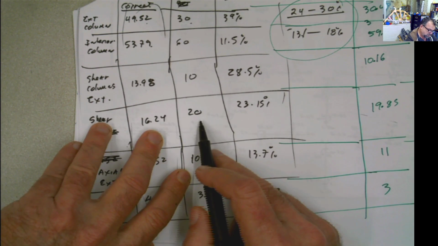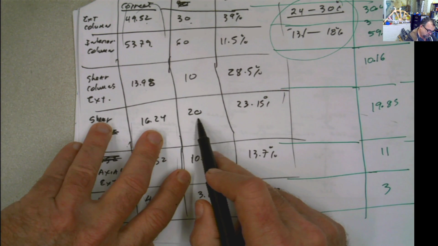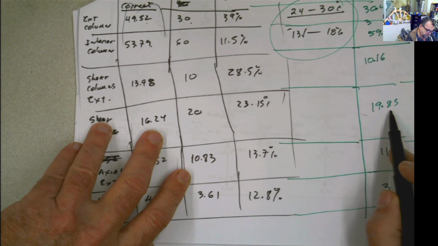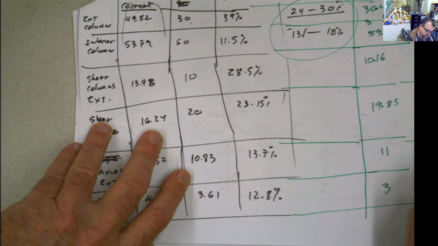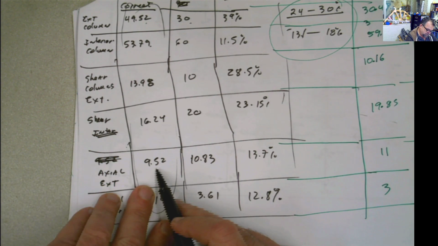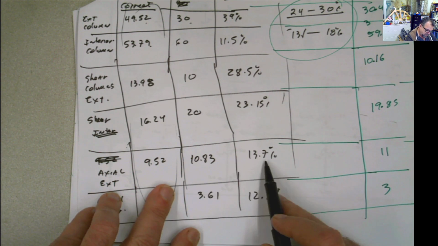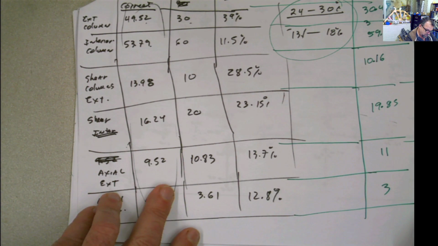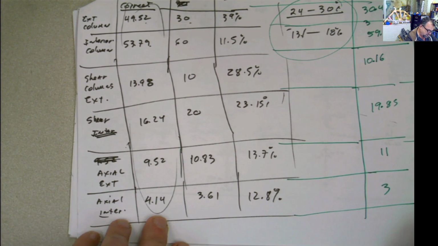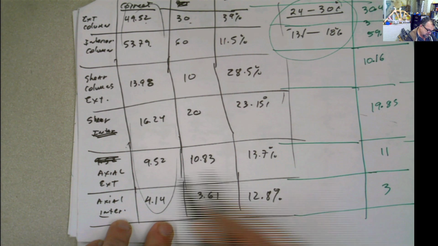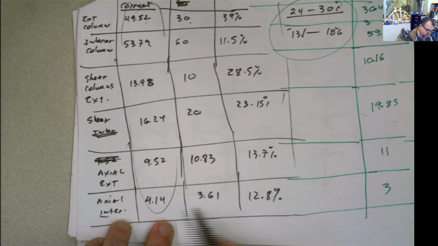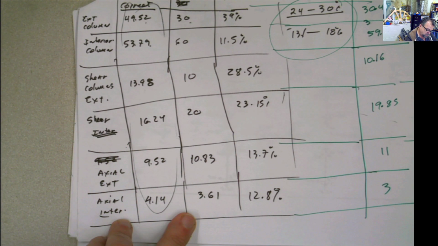The portal method that we solved before in the example gave me 20, and the cantilever gave me 19.83, 20% error. Axial, portal method 13% error, cantilever method 15.5% error. And this is the axial for exterior columns, and the axial for interior columns 12.8 and 27.5% error.